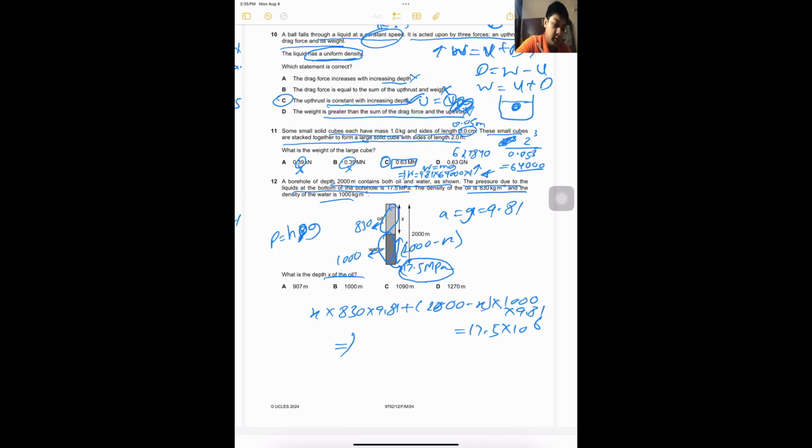830 into 9.81, which is 8142.3x, plus 2000 into 1000. I'm just using the calculator to find out the values now.